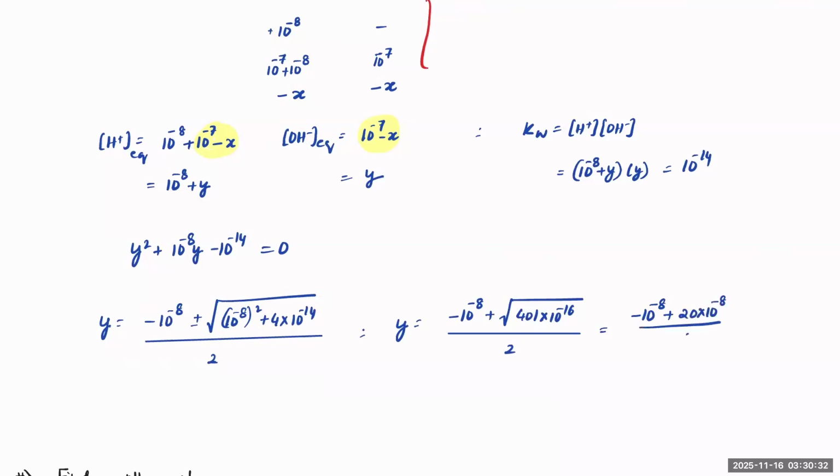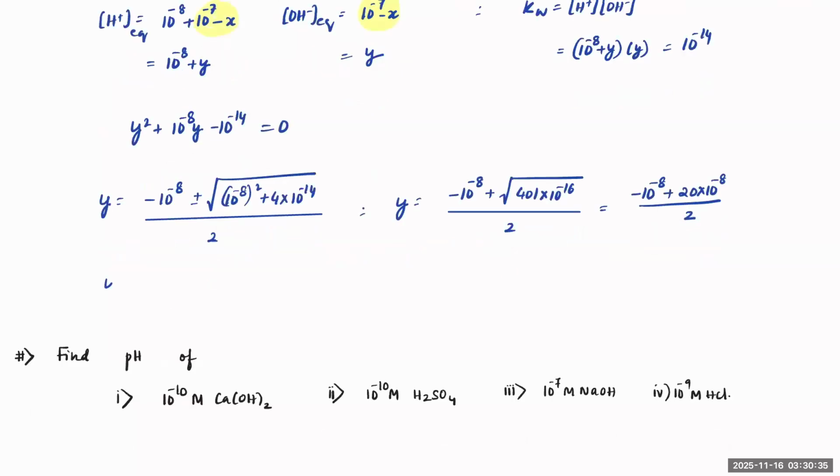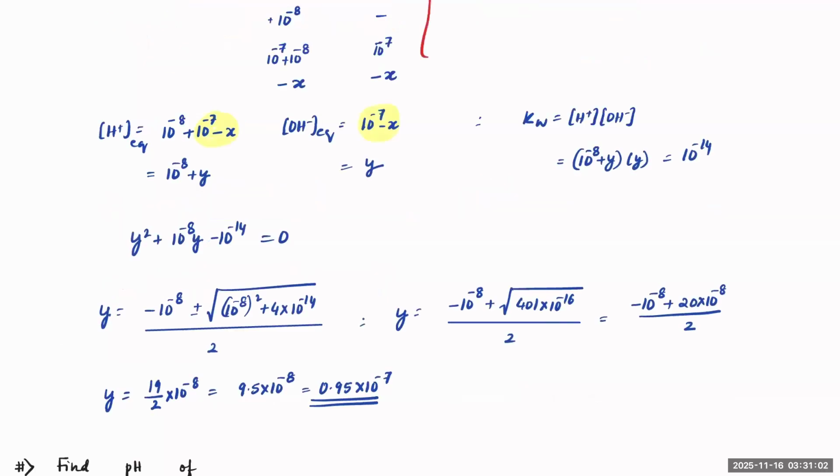That divided by 2. So therefore, y value what I'm getting is 19 by 2 into 10 raised to power of minus 8, which is 9.5 into 10 raised to power of minus 8, or 0.95 into 10 raised to power of minus 7. So this is the value of y, everybody.